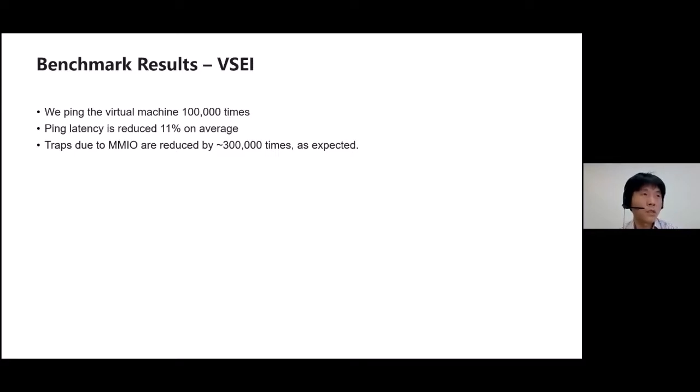This number is expected because the current flow of IO handling causes around 3 traps per handling of 1 interrupt. So we think these results are a strong indication that the extension can reduce the performance cost due to frequent traps. Although when implementing the hardware, the magnitude of the numbers may change because we are still using an emulated environment.